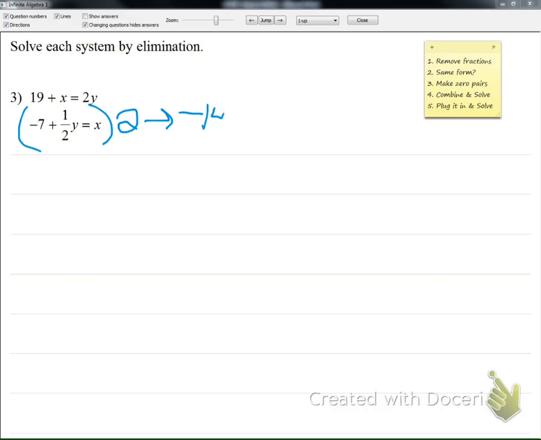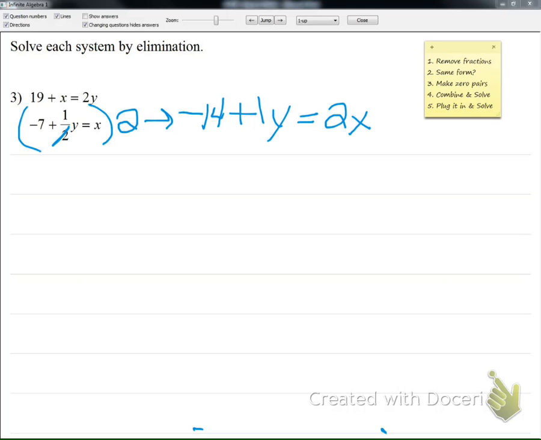Don't forget those signs. Positive 2 times the 1/2 y is equal to positive 1y. All we're doing by multiplying by 2 is canceling out the 2 on the denominator. That was the whole point of doing this. Is equal to 2 times x is 2x.